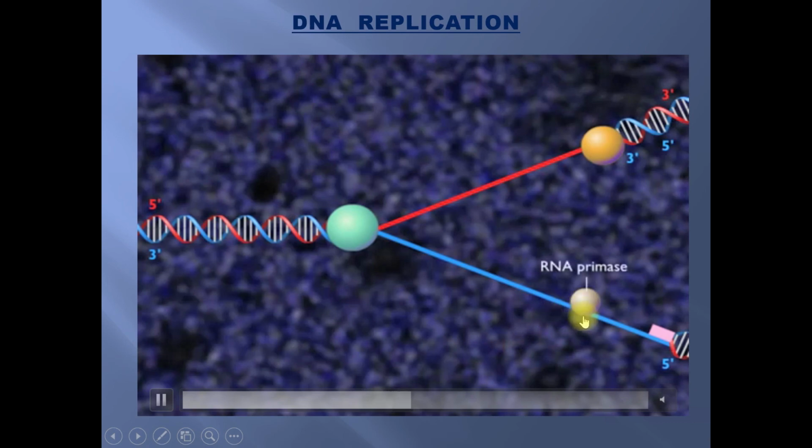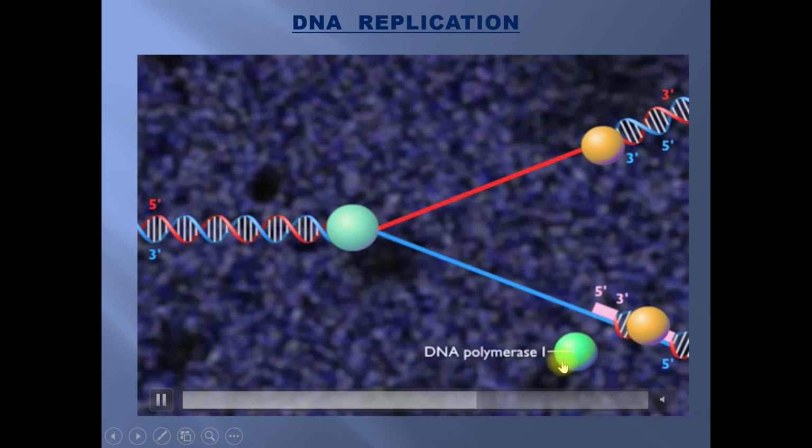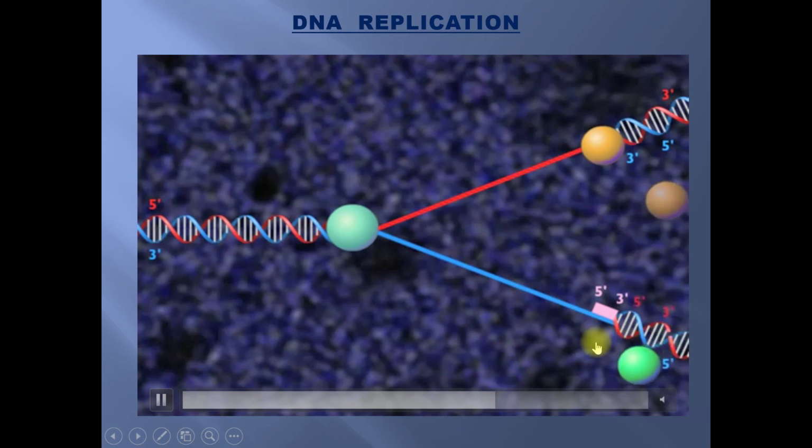See this, the RNA primase leaves the RNA primer here on the lagging strand, and the DNA polymerase 3 attaches the nucleotides in the 5' to 3' direction. Then DNA polymerase 1 replaces polymerase 3 and leaves another segment of nucleotides in the 5' to 3' direction. Now this is the DNA ligase, which joins the gap and seals it.